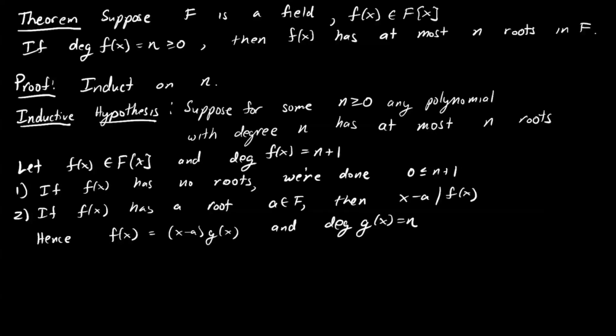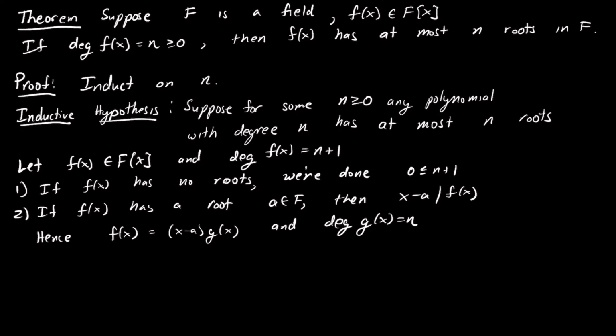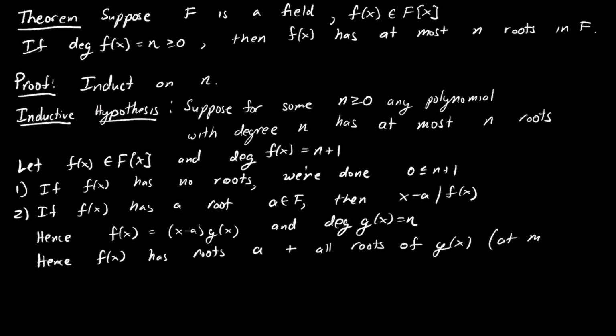Well, now I can use my inductive hypothesis. I know if the degree of g of x is equal to n, I know that g of x has at most n roots, right? So I could say hence, f of x has roots a plus all the roots of g of x, and there are going to be at most n of those.